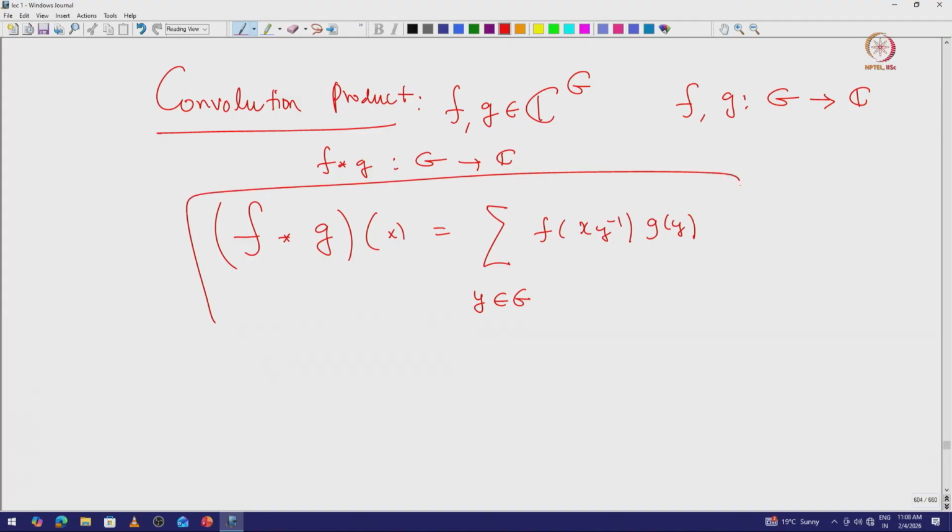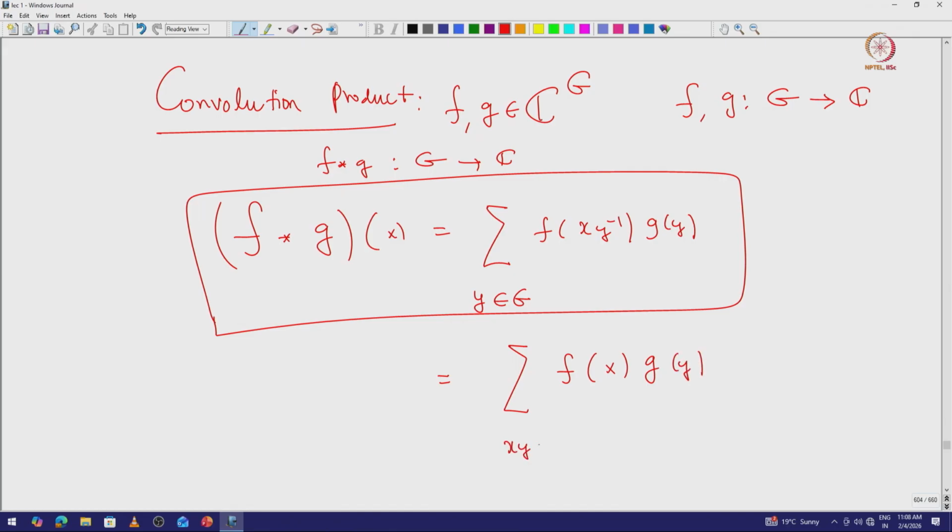Now it is a very simple exercise to see that this same sum can be rewritten as follows: the summation of f of x times g of y such that x y equals z, and then z varies over G.